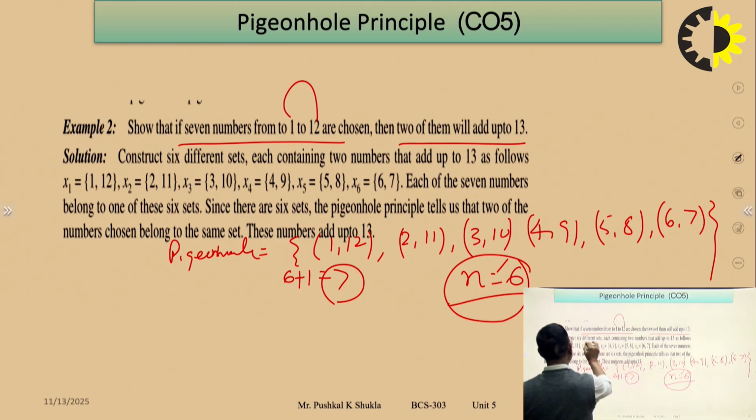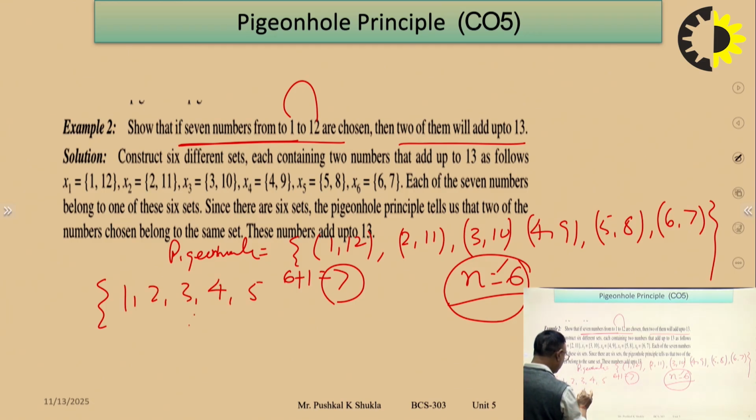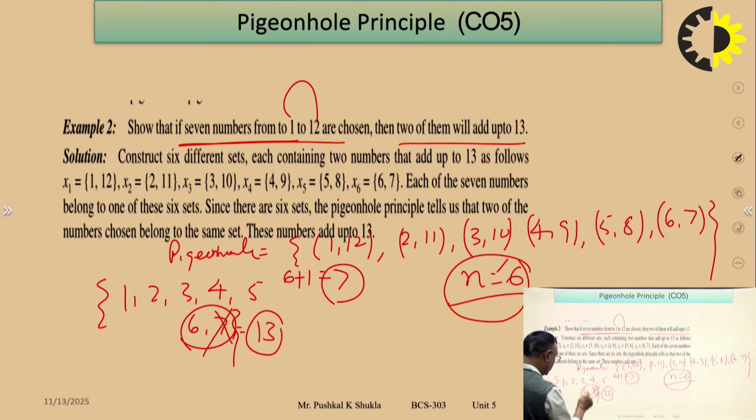So if 7 numbers from 1 to 12 are chosen, 2 of them will add up to 13. For example, if we take a 7 and a 6, it will guarantee the sum is 13. If you do not pick this, then no 2 of these can guarantee the sum will be 13.